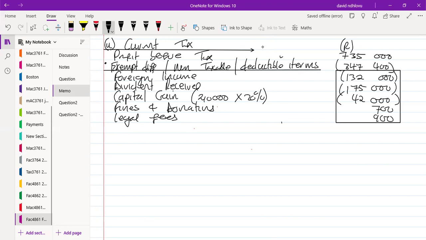Then we're going to sit on 387,600 here, which is your taxable income before temporary differences.